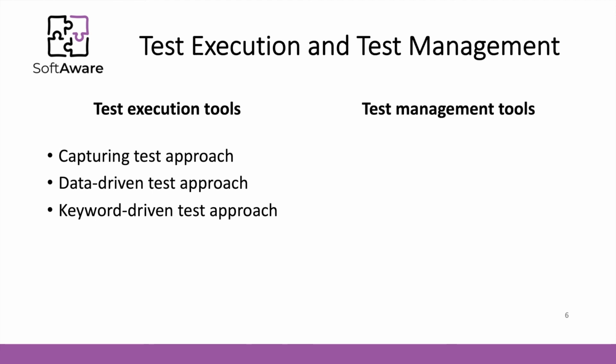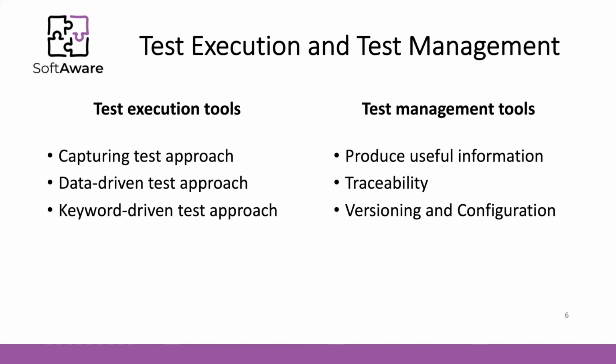Test management tools often need to interface with other tools or spreadsheets for various reasons: to produce useful information in a format that fits the needs of the organization, to maintain consistency and traceability to requirements in a requirements management tool, and to link with test object version information in the configuration management tool. This is particularly important to consider when an integrated tool includes a test management module as well as other modules that are used by different groups within an organization.